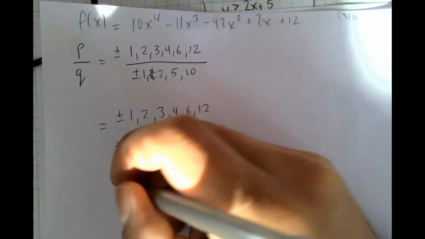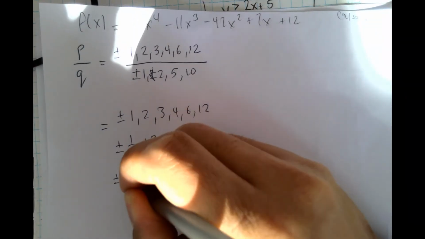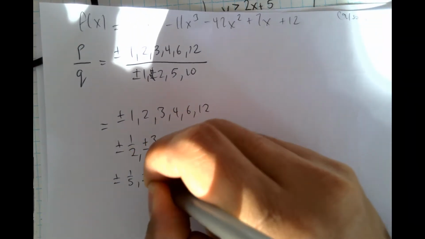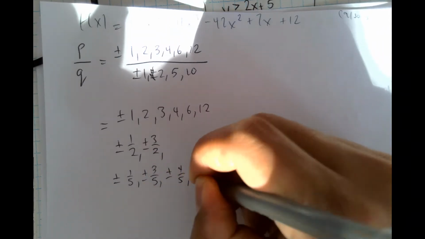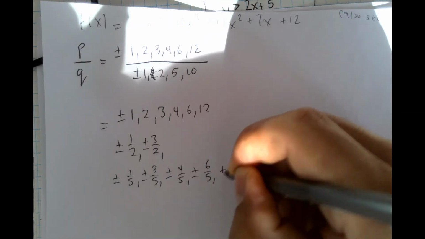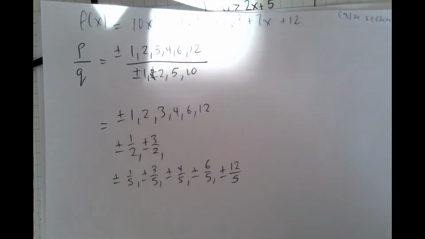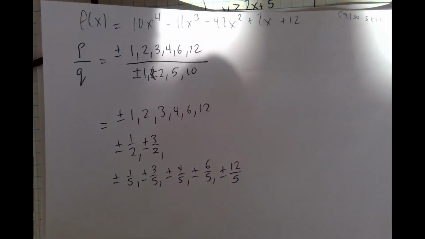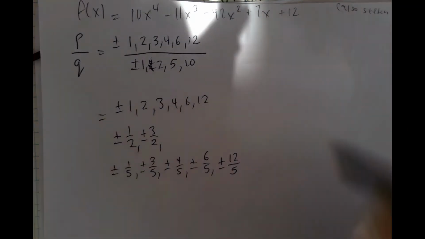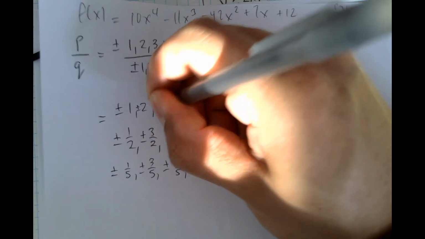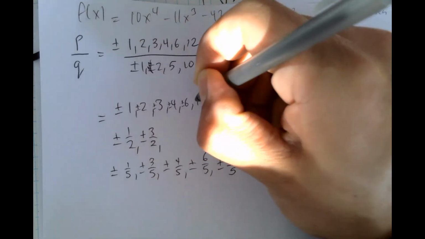So plus or minus 1/5, plus or minus 3/5, plus or minus 4/5, plus or minus 6/5, and plus or minus 12/5. Again, these would all be plus or minus, and I'm just trying to show you what it would be.